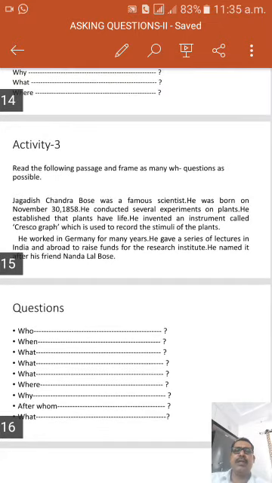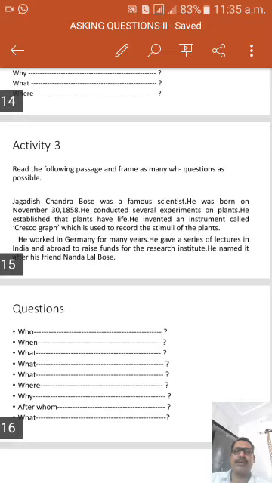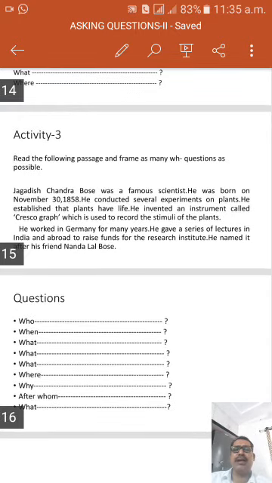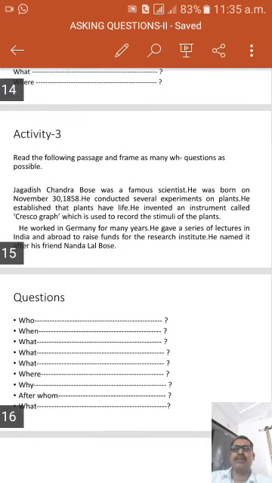He invented an instrument called crescograph, which is used to record the stimuli of the plants. He worked in Germany for many years. He gave a series of lectures in India and abroad to raise funds for the research institute. He named it after his friend Nandalal Bose. This is the passage.